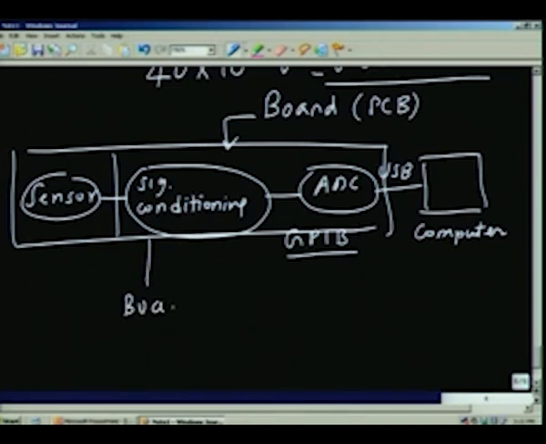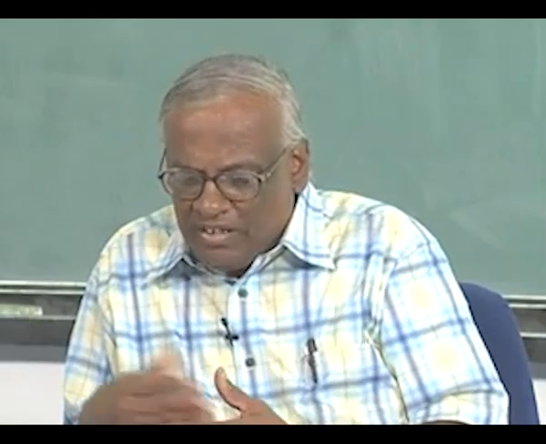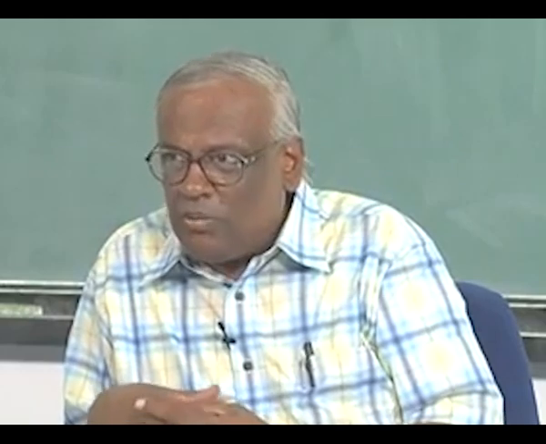Board goes into a slot in the computer itself. So, the signal conditioning and data acquisition board can actually become a part of your computer. It can be put inside, or in the new version, as we have seen, it could be USB connected.